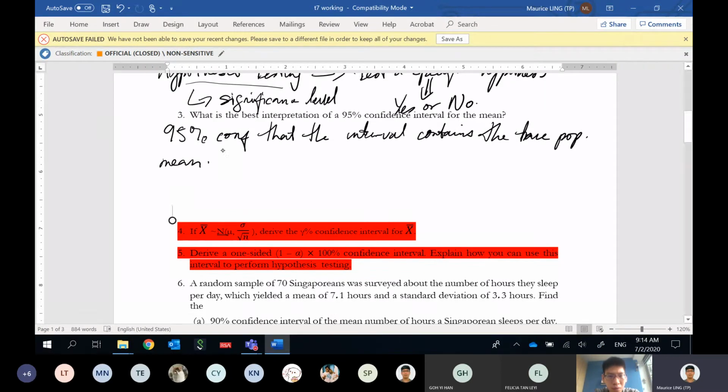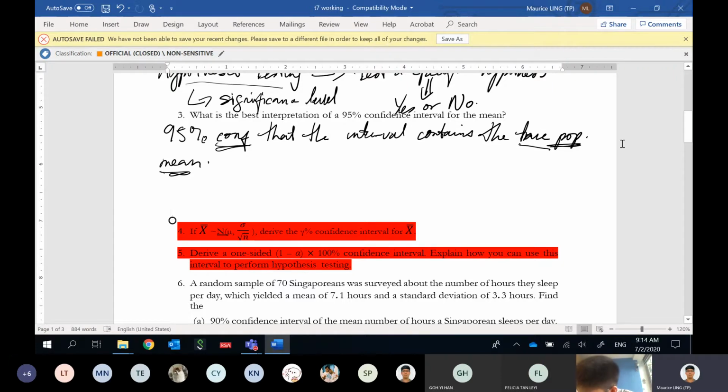The critical word here must be confidence. It's not chance. This is in one of the slides called the common misinterpretation of the confidence interval. We are 95% confident that the interval contains the true population mean. Now we never actually know what the true population mean is. That is why we use a confidence interval to estimate it.